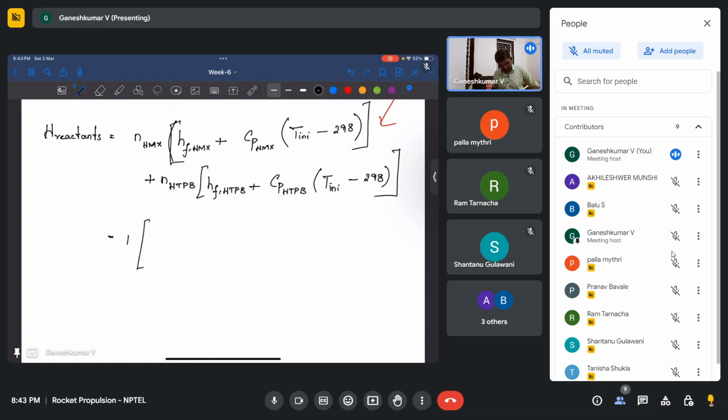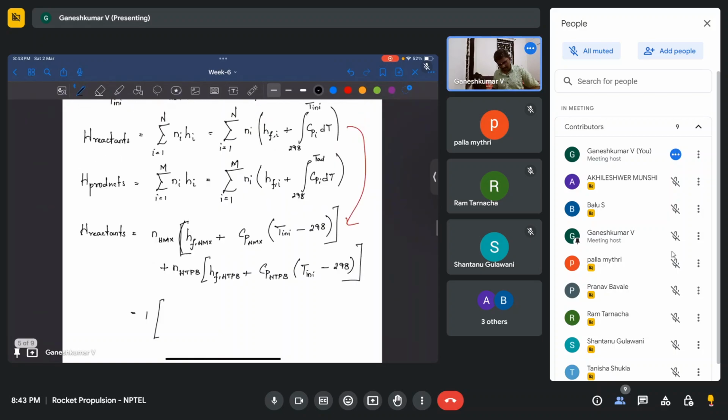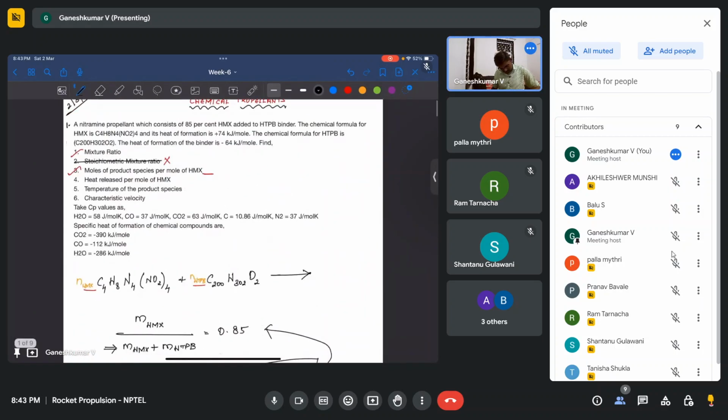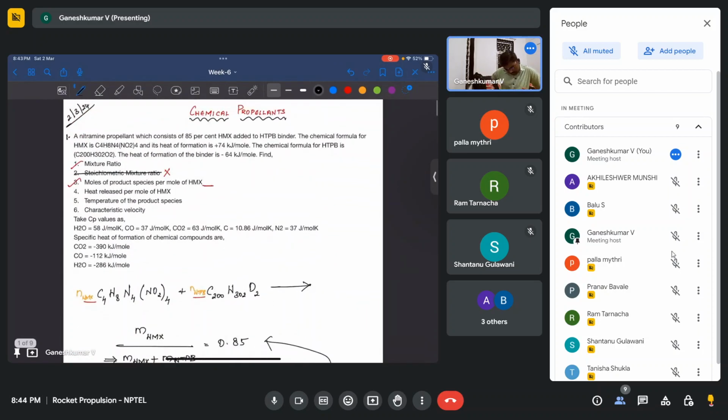The enthalpy of formation of HMX, I think I gave it in the question itself. The heat of formation of HMX is 74 kilojoules per mole. Please note that it is in kilojoules per mole, which means we should multiply with the number of moles, which is what we did.